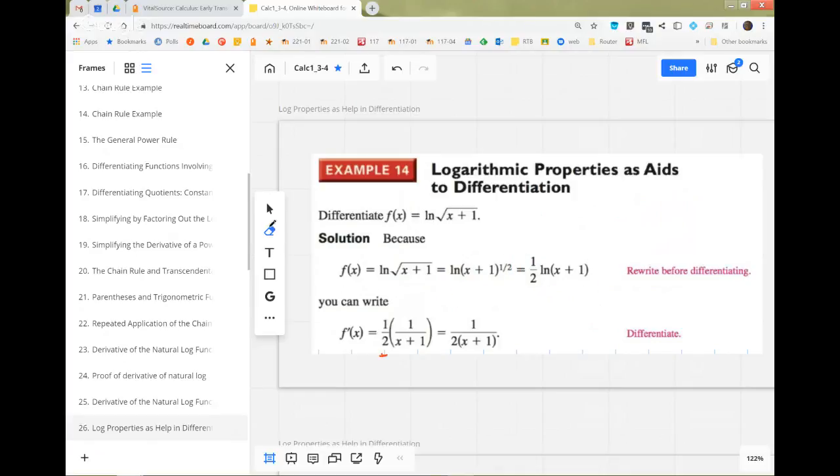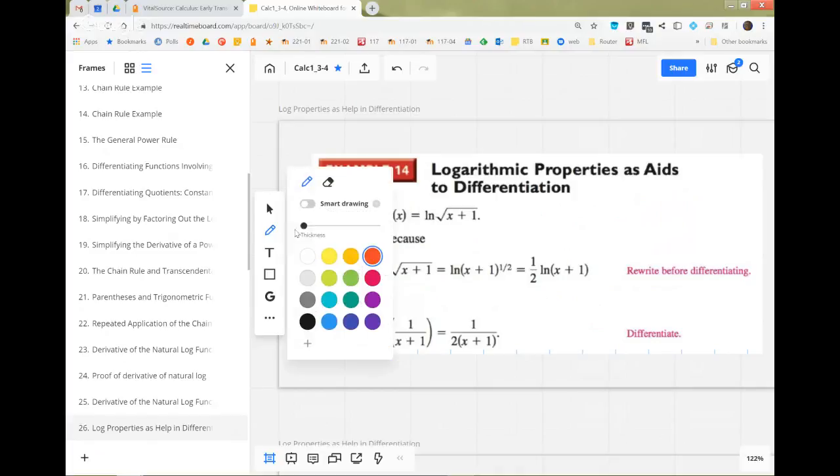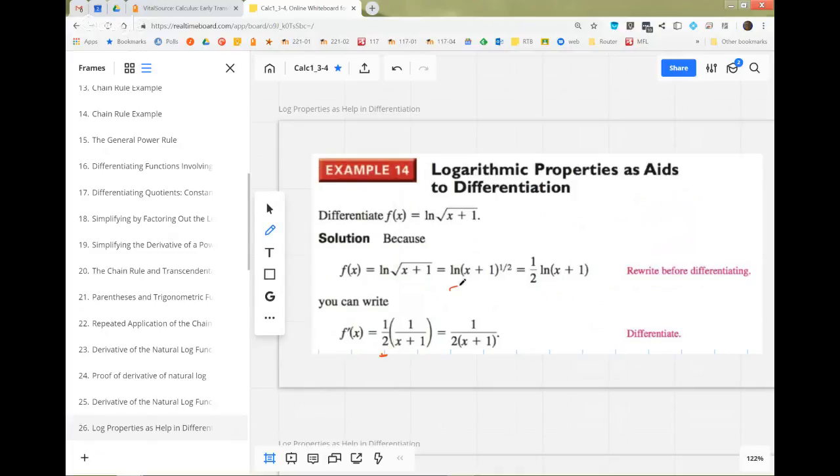Okay, so in this first part, there is no derivative right there. We didn't do anything. Is there a derivative here? No, that's just using a log law. We haven't done a derivative yet.